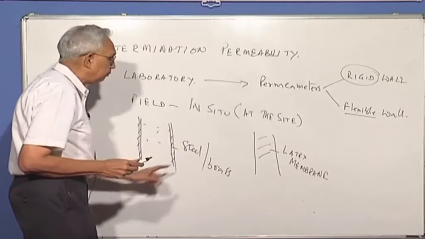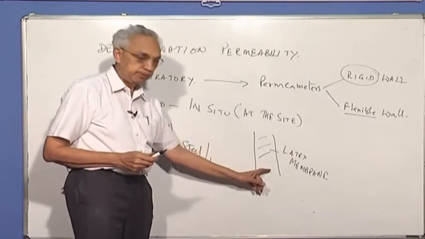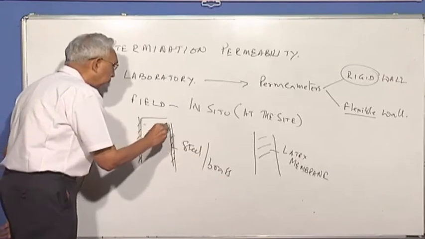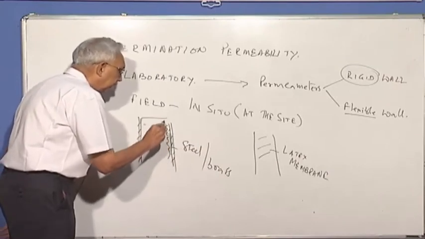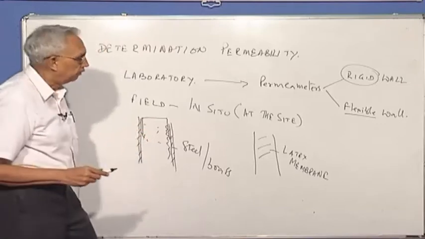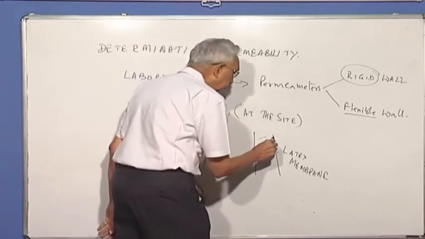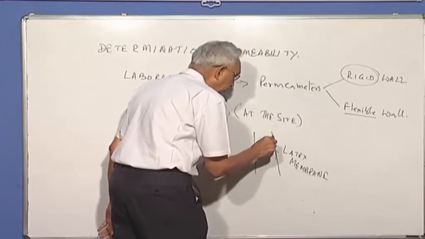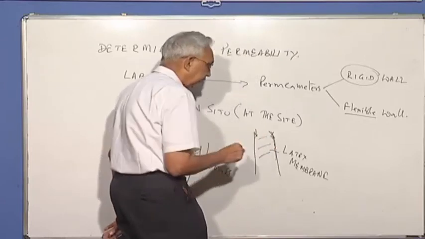The reason why we prefer this, even though many labs don't have it, is that when you have flow, the voids here allow the water to go along the wall, whereas here the membrane comes inside and there will be no flow along the edges.